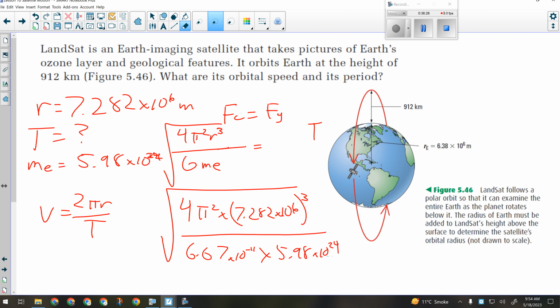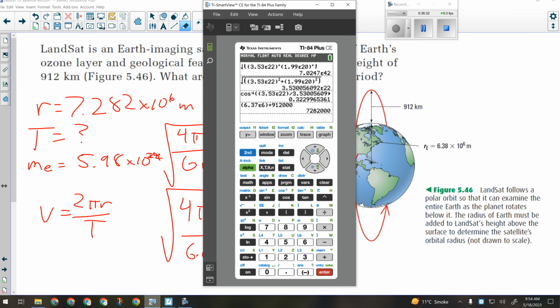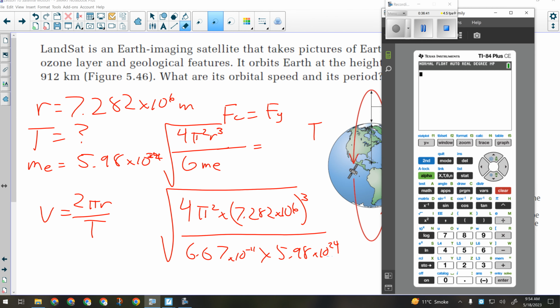If you thought the stuff we were already typing into our calculators was a mess, now you get to add a cube in there on top of it. Let's move the calculator over here. I'm going to square root this after, so I don't have to have so many brackets.